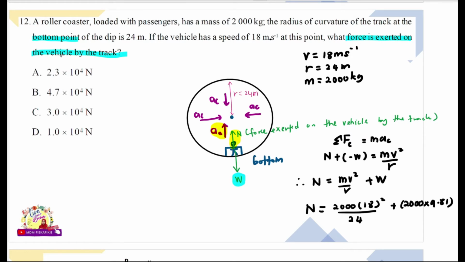So finally N, you will get 4.7 exponent 4 Newton. So this is the answer and the answer is B.